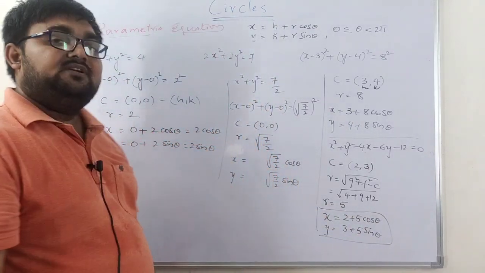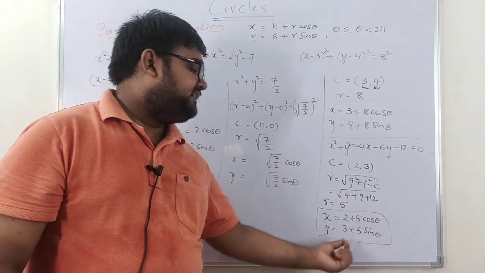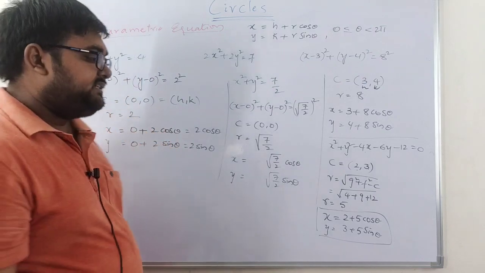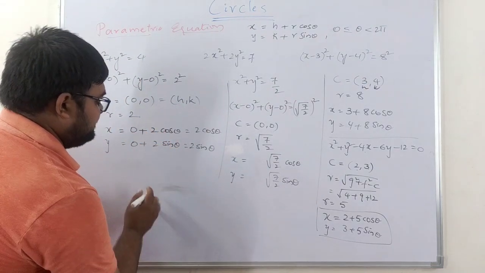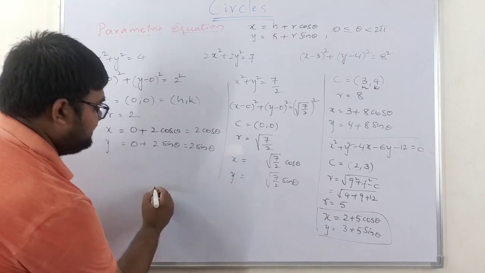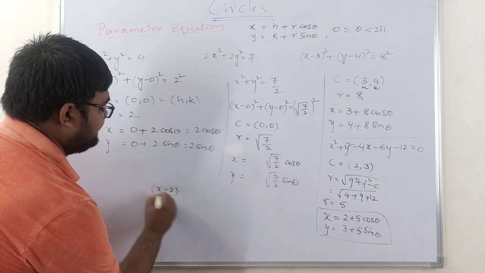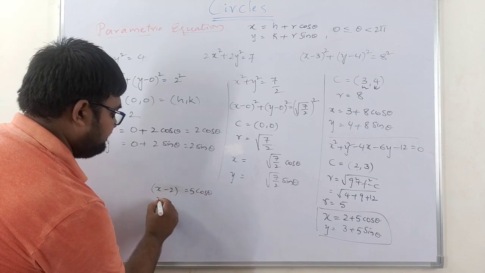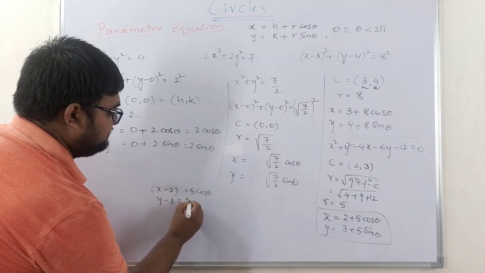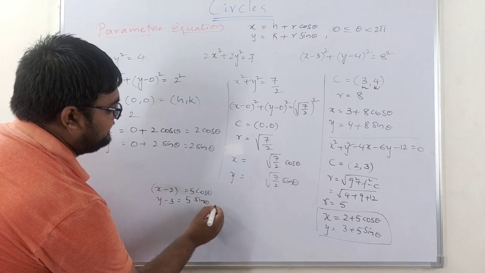If you transpose 2 and 3 to the left hand side, what am I going to get? x minus 2 is equal to 5 cos theta, y minus 3 is equal to 5 sin theta.